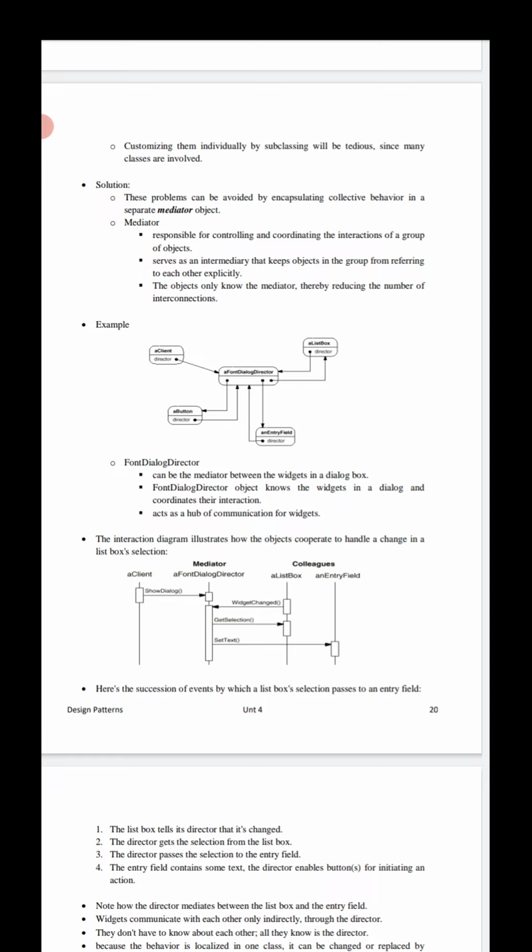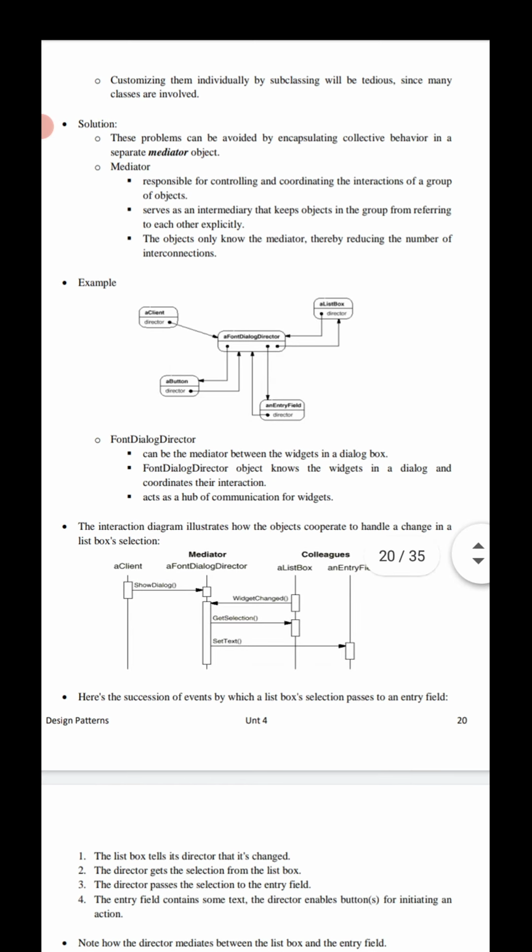Look at the example diagram: a client, a list box, the hub, a font dialog director, a button, and an entry field. Now we see the following interaction diagram.